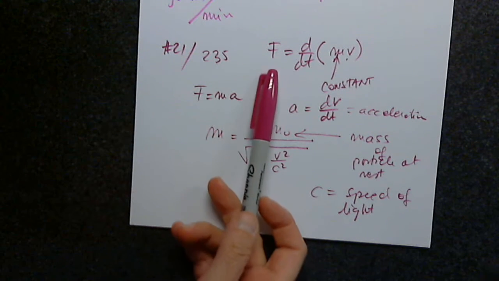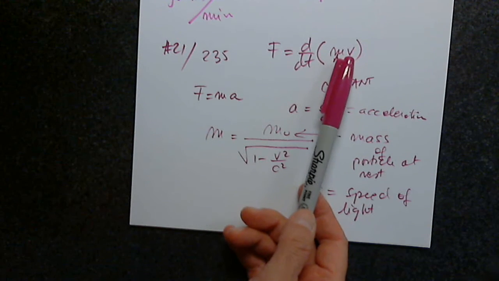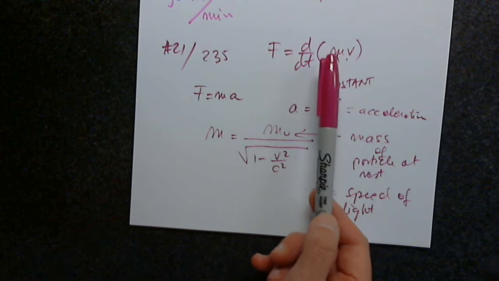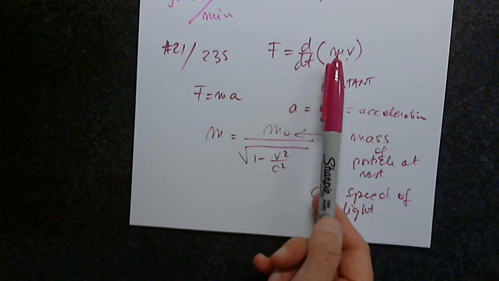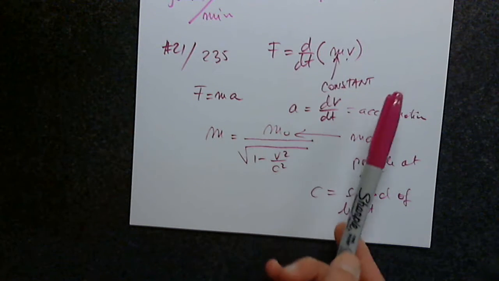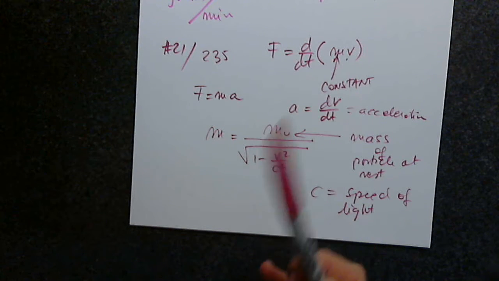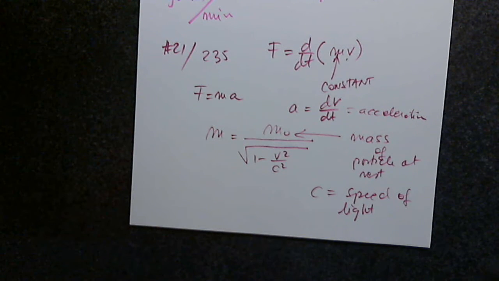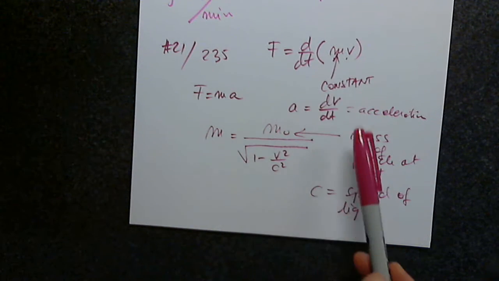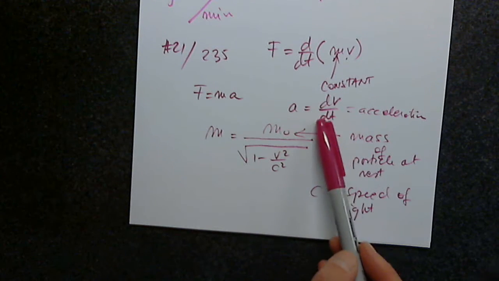The force F acting on a body with mass m and velocity v is the rate of change of momentum, which is the derivative with respect to time of the product mass times velocity. Then, if m is constant, which is not the case, F is just m times a, where a is the acceleration dv over dt.